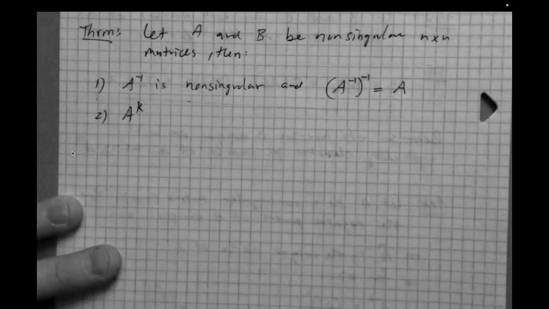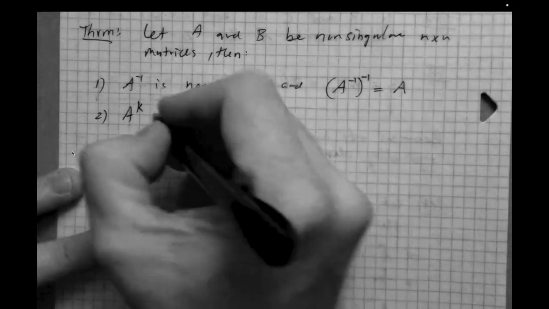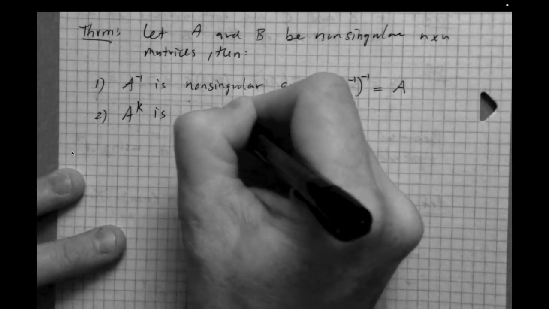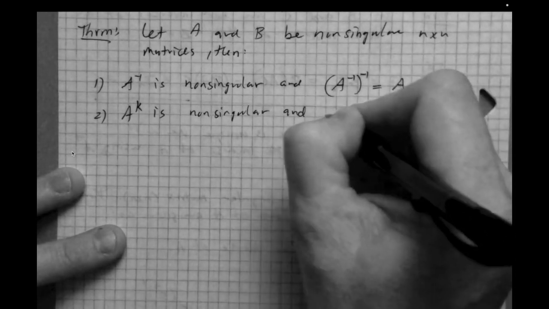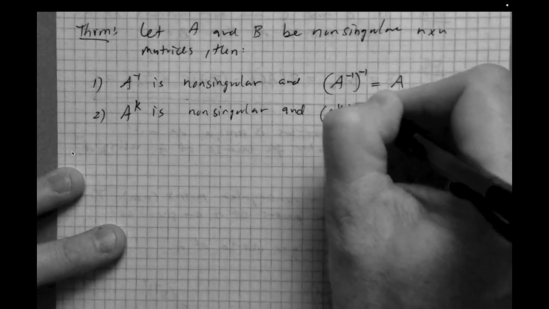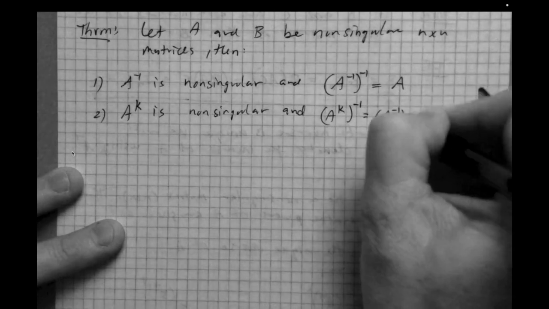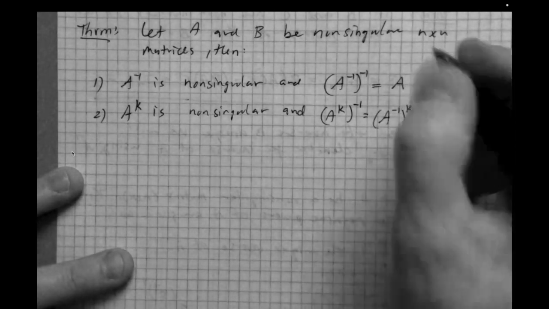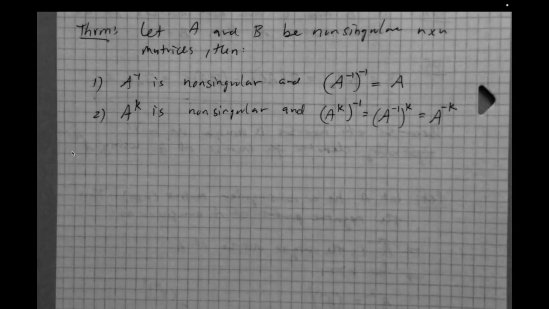Remember A is non-singular, then any positive power of A, any integer power of A, is non-singular as well. And we could say A to the K inverse is equal to A inverse to the K power, which is equal to A to the negative K. That's great.